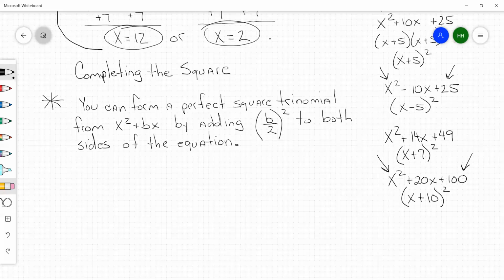So right now, we're just going to say what value completes the square. And we got x squared minus 10x.